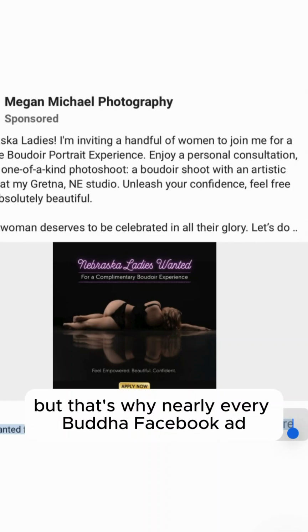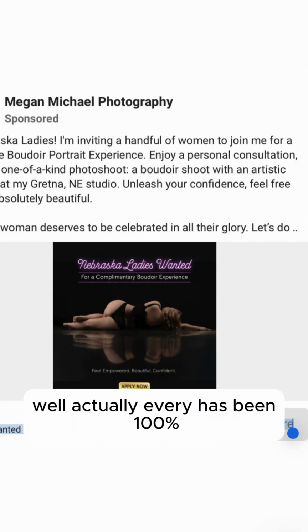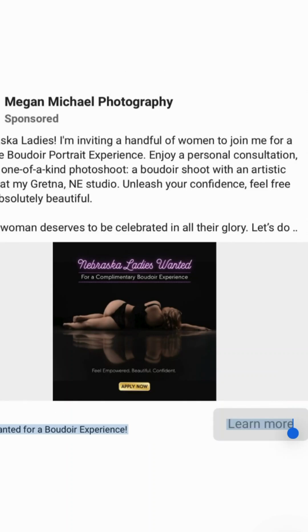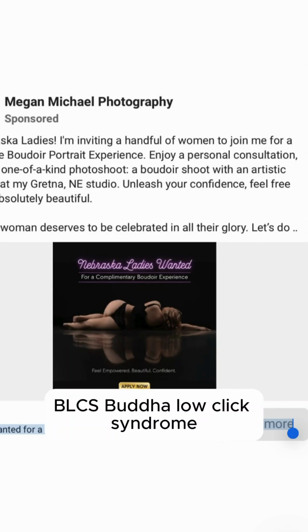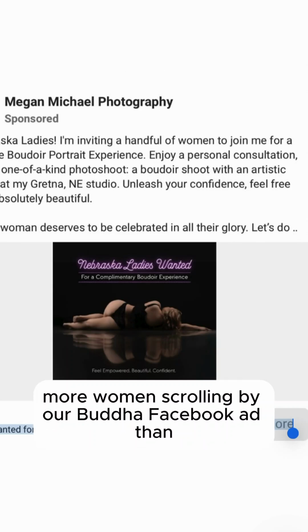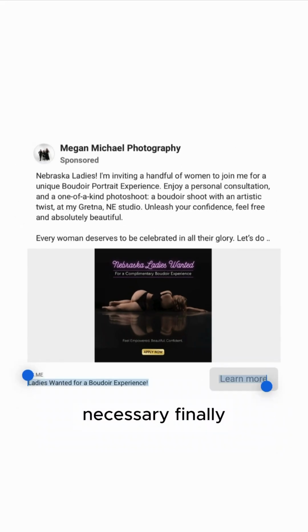But that's why nearly every Boudoir Facebook ad, well, actually has been 100%. Every Boudoir Facebook ad I've checked out has had BLCS, Boudoir low click syndrome. So the consequence of this is more women scrolling by our Boudoir Facebook ad than necessary.